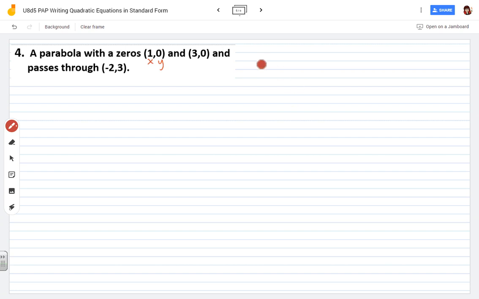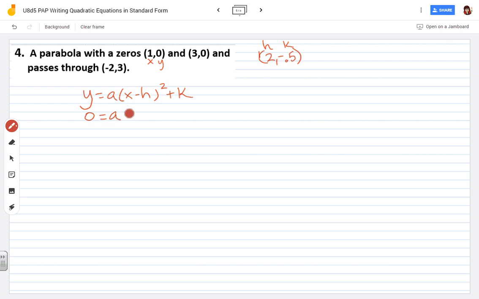Let me go ahead and write this down. Okay, 2 and negative 0.5. This is going to be my horizontal movement, h. This is going to be my k. Okay, so we're going to start off with our vertex form and plug in everything.